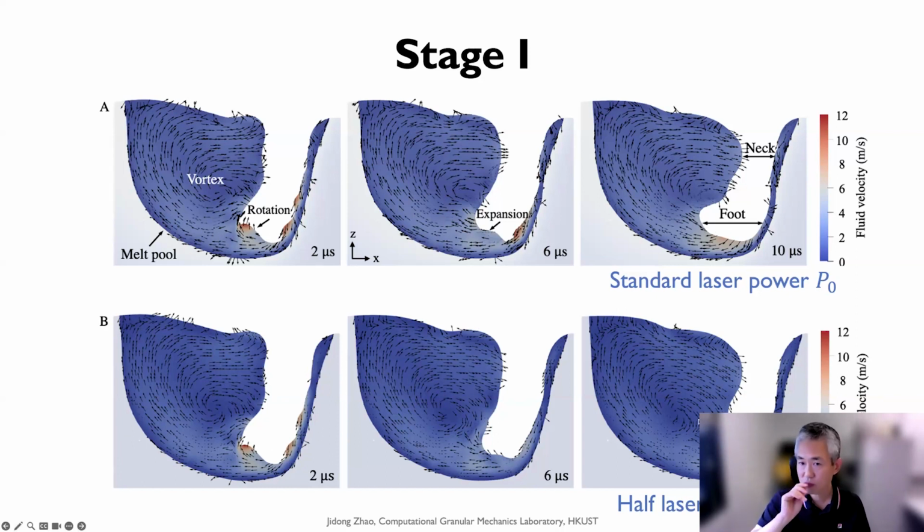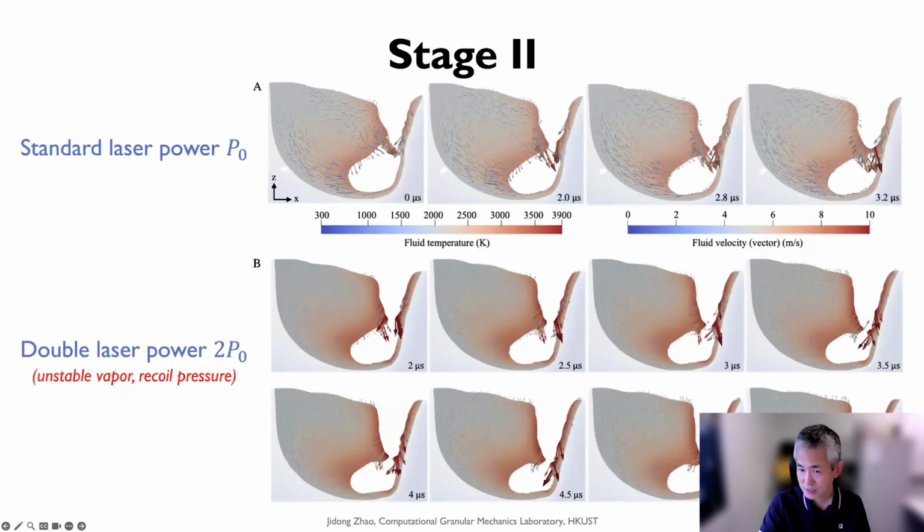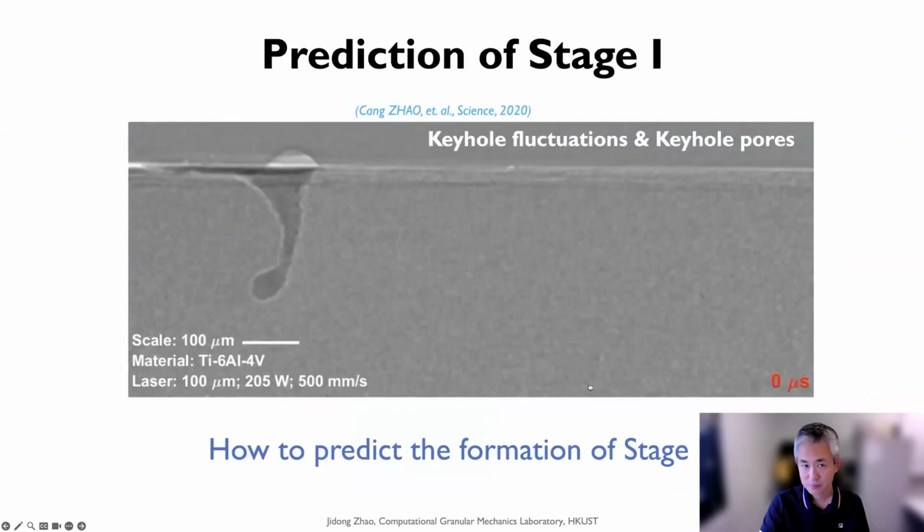This can really be controlled. For example, with a standard power, if we reduce the power by half, somehow it can help stabilize this keyhole. Doubling the power is indeed not effective and can actually enhance the pore generation.